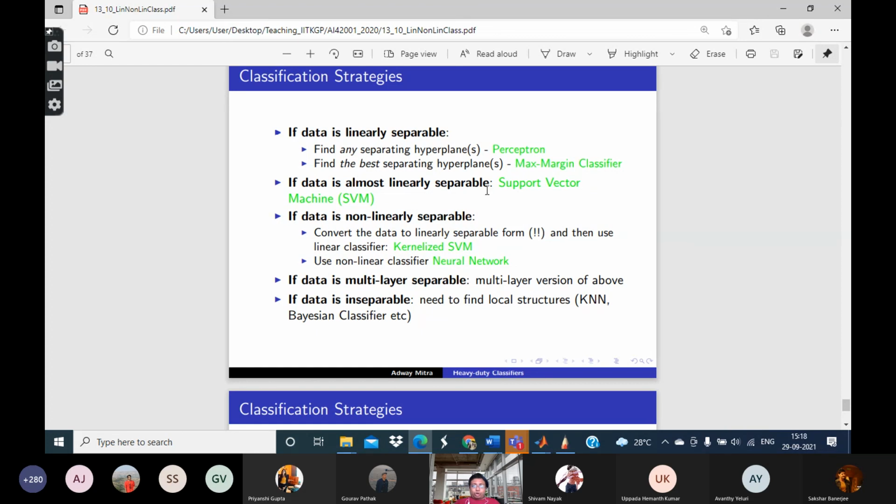Now, if the data is almost linearly separable, then you bring in all the zetas and do the soft margin SVM. And finally, when the data is non-linearly separable, then what do we do? We convert the data to linearly separable form and then use a linear classifier. And what is that? That is the kernelized SVM.